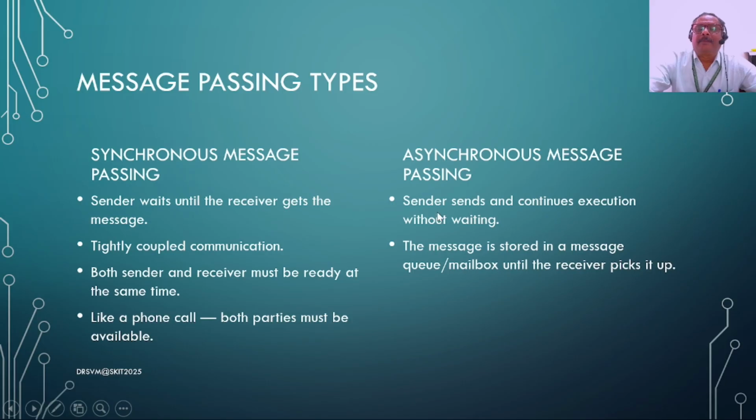The message sent by the sender goes to the receiving end and then waits in the message queue or the mailbox till the receiver picks it up. So between sender and receiver there is a message queue or a mailbox where this message is dumped, and the message will remain in this queue or mailbox till the receiver receives it.